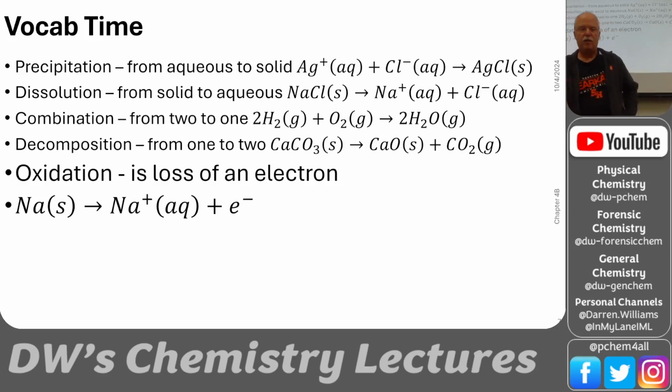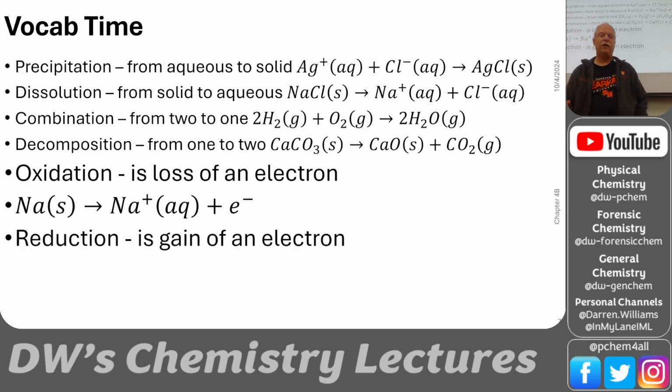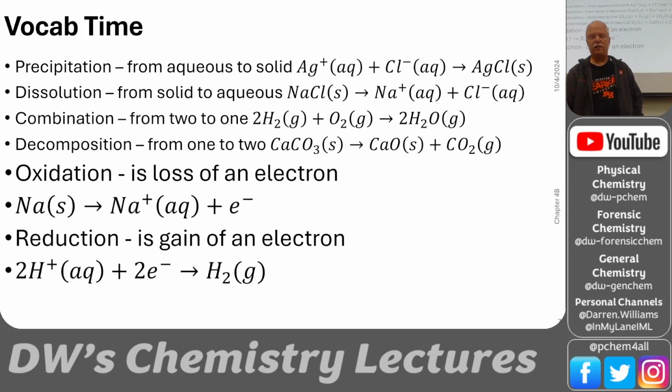Okay. Reduction is the opposite of that. Reduction is the gain of an electron or multiple electrons. Here we have acid protons in solution, and if we can somehow get electrons onto those cations, those hydrogen ions, they can make hydrogen gas. Okay, so this is a common one.